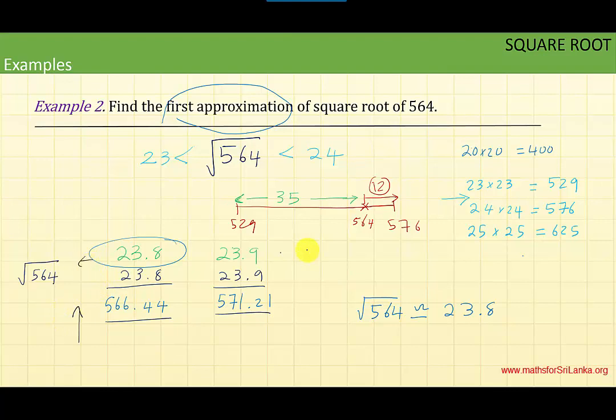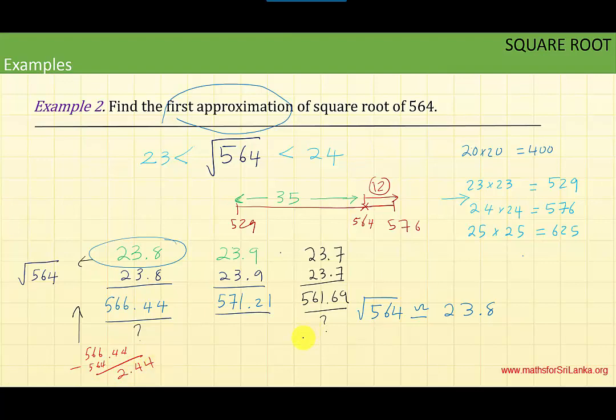So let's try this one: 23.7 times 23.7. If I do this, I get 561.69. Now, which one is closer, this one or this one? So we need to check it. 566.44 minus 564 will give me 2.44.